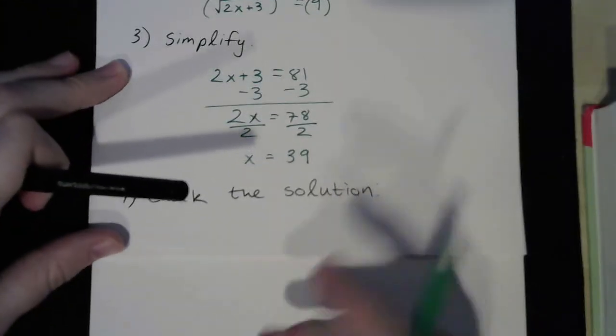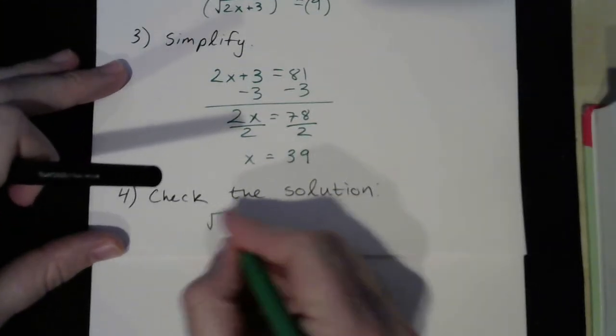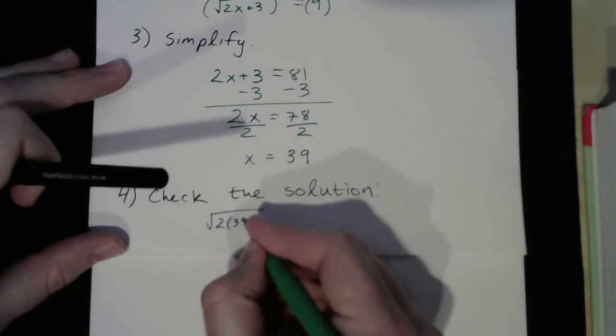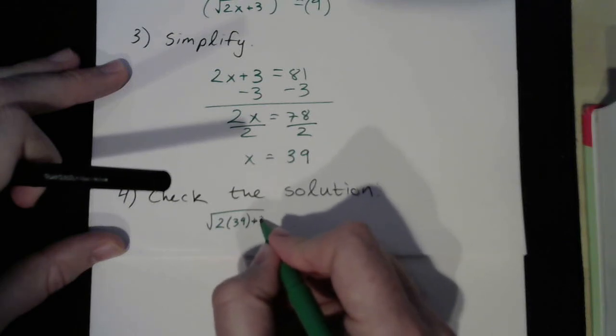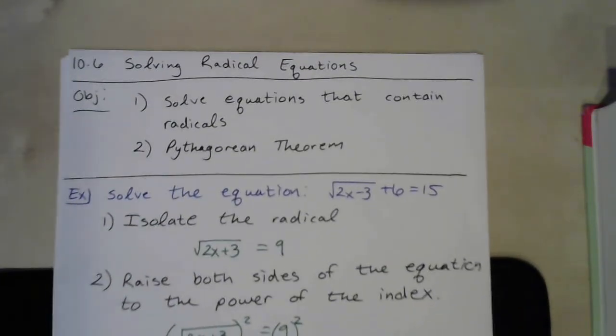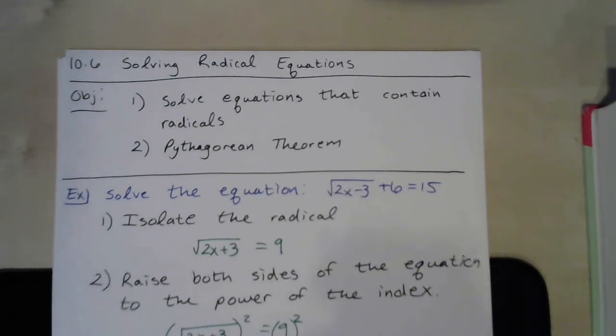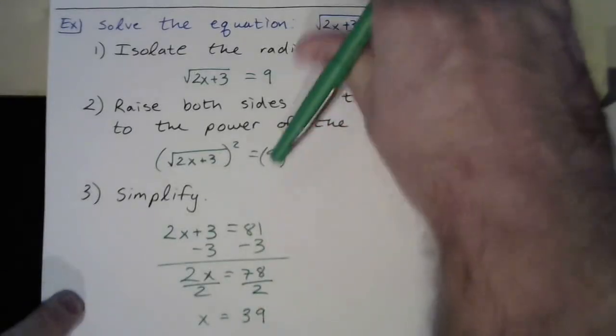So we have the square root of 2 times 39 plus 3. I realize now that it was a minus 3, and I made it plus 3 for some reason. So we'll just change it to plus 3. It won't change the process. That's not a big deal.